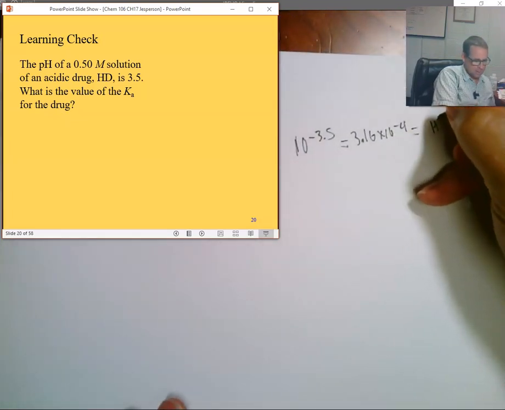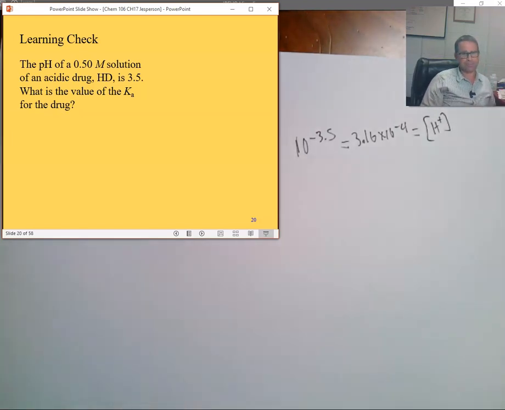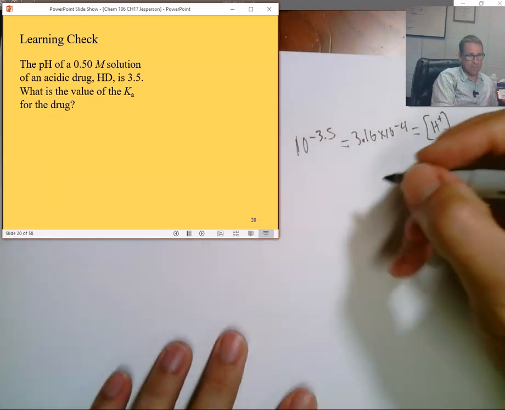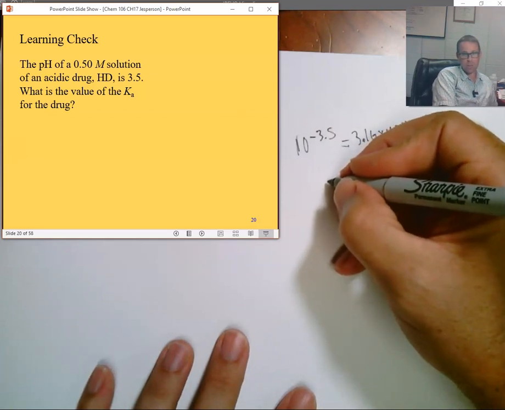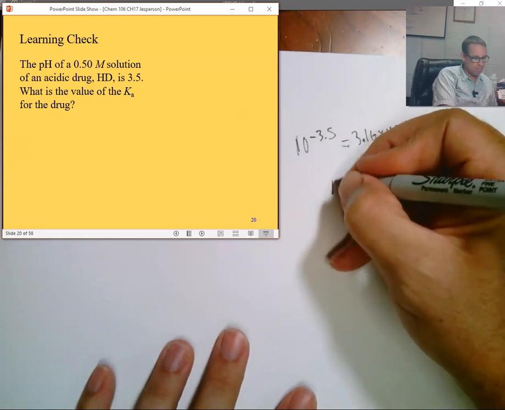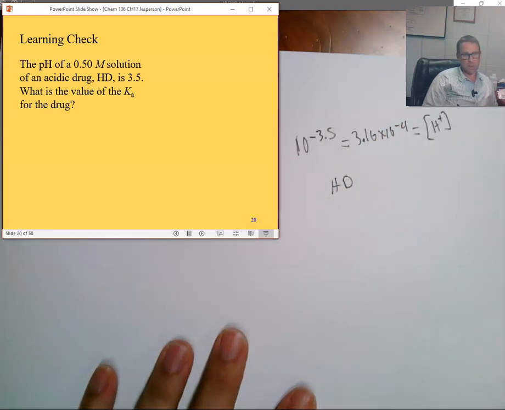That's the concentration of H. Okay, good. And that's about as far as I can guess. All right. Well, then let's just kind of fiddle around with some ice table business, right? If we wanted to make an ice table for HD, what would it look like?